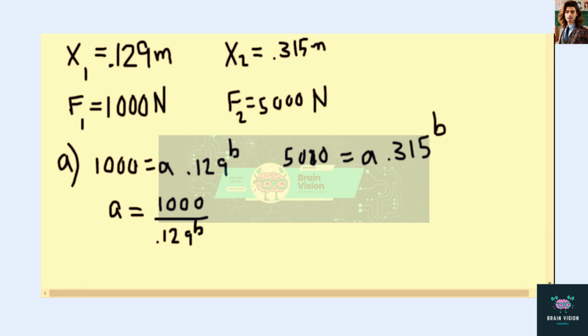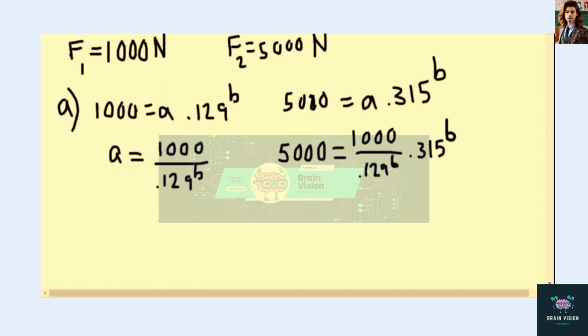So if I substitute that into the second equation, I could use a change of base formula here, but I'm not sure that I really want to try that. So 5,000 divided by 1,000 is 5.